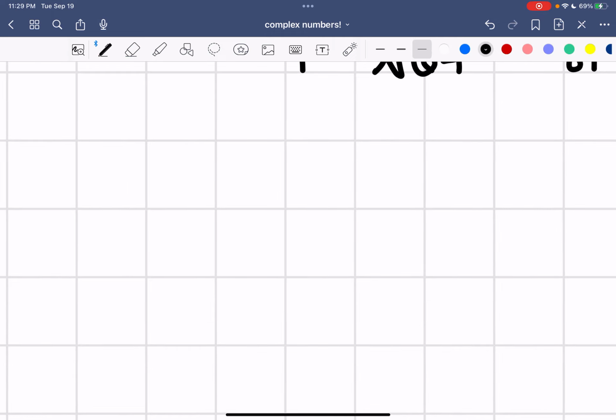let's do i to the power of 2. So that would be the square root of -1 times the square root of -1.